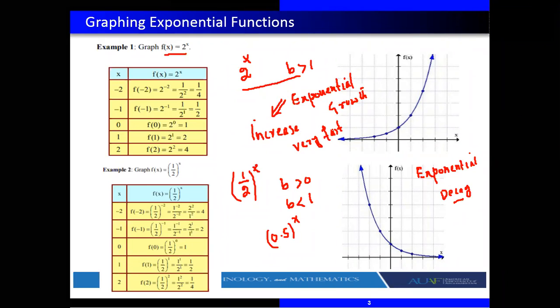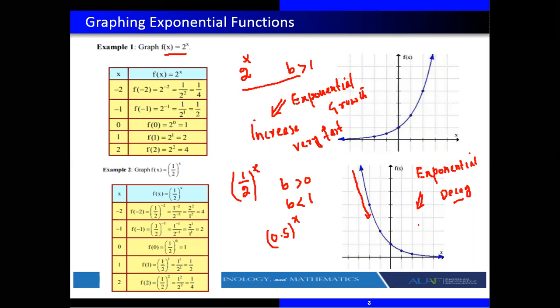Like the coronavirus situation, you can see it increasing day by day, very exponentially. Exponentially means very fast. Second, exponential decay means something decreasing very slowly. You can see in the graph, x values are increasing, but the graph is decreasing, and decreasing very slowly.